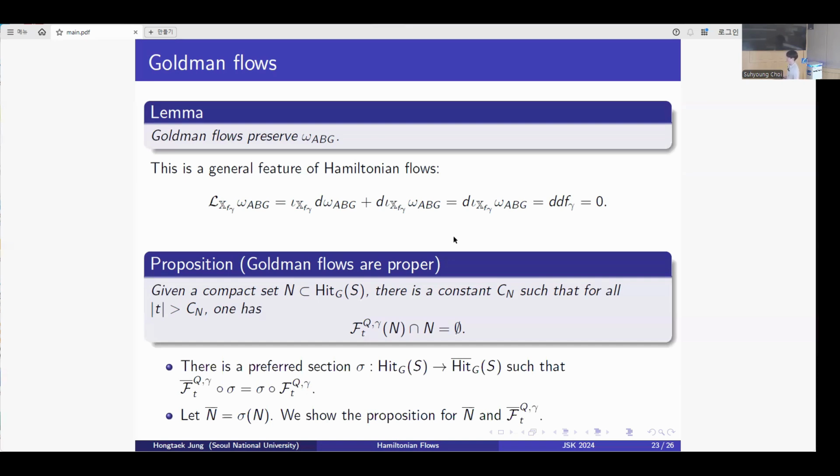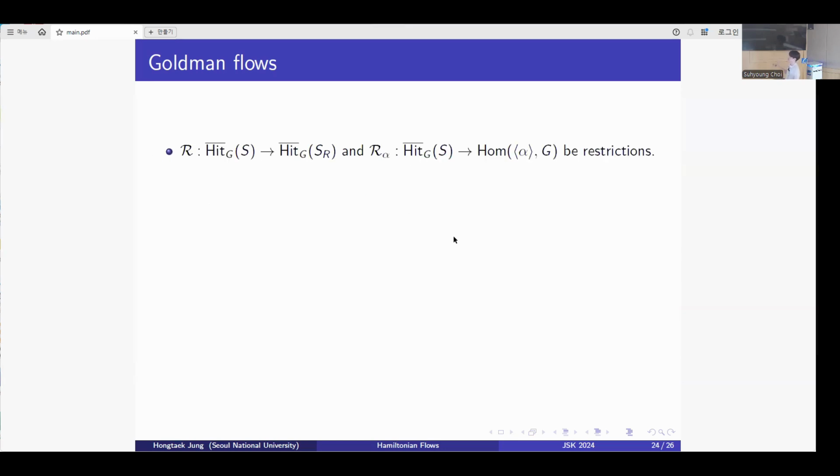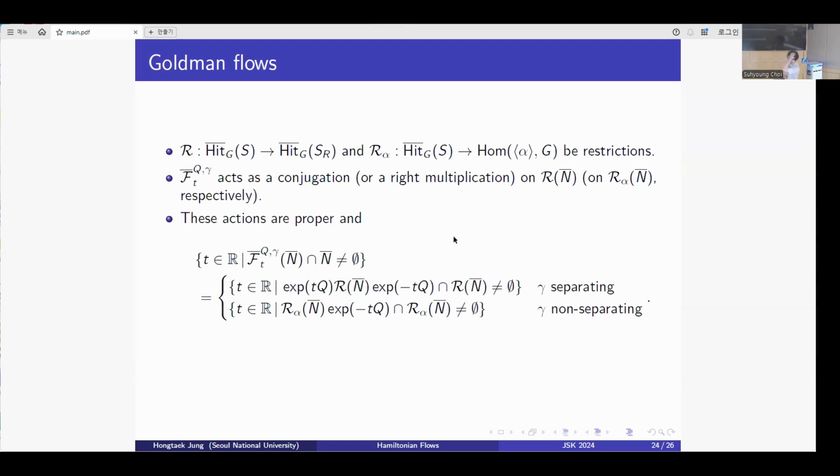And this section is equivariant with respect to the Goldman flow. And therefore it is enough to show this proposition for this lifted N and the lifted Goldman flows. And if you lift your Goldman flows, this action is very simple. It's nothing but the conjugation on one side and multiplication on the new generator.